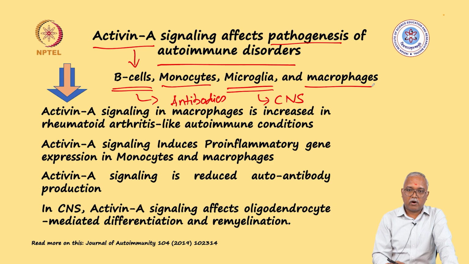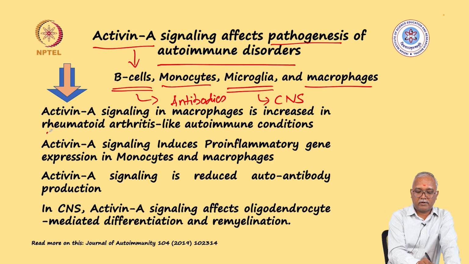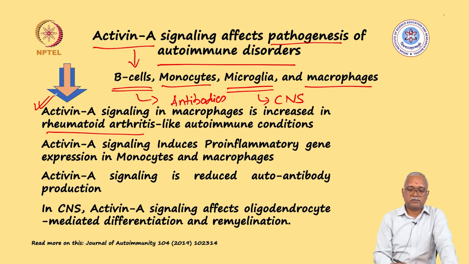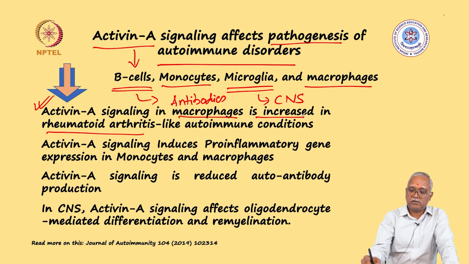So in an autoimmune condition like rheumatoid arthritis, the activin signaling is sensed by the macrophages, and the situation is worsened, as further signaling is increased by the presence of macrophages in the system.